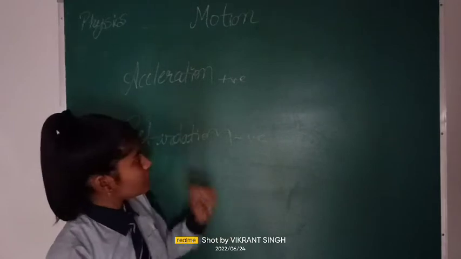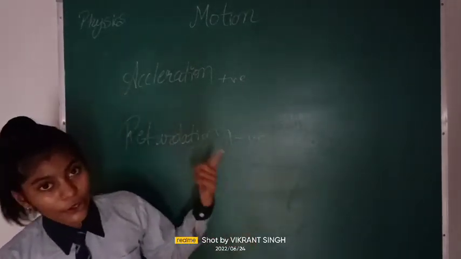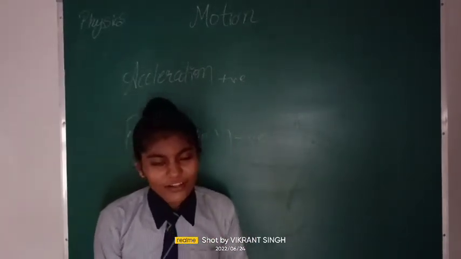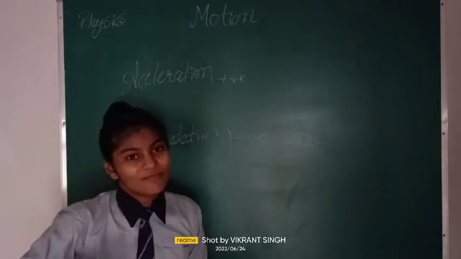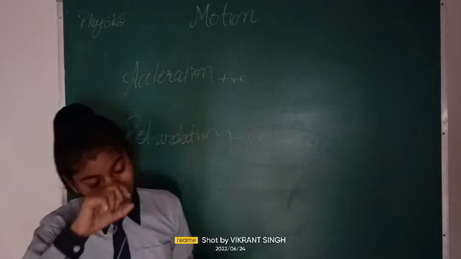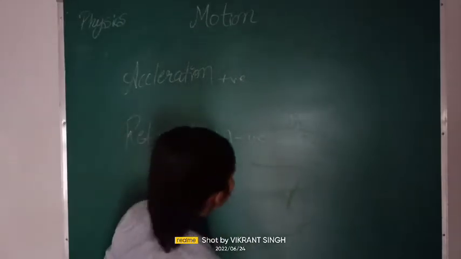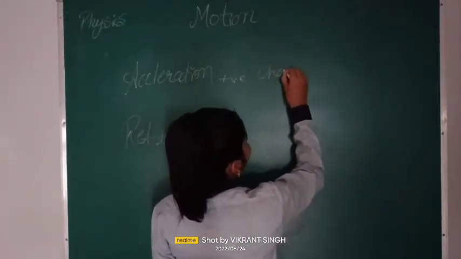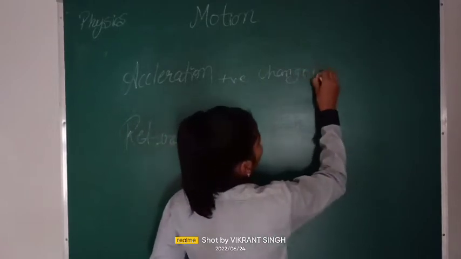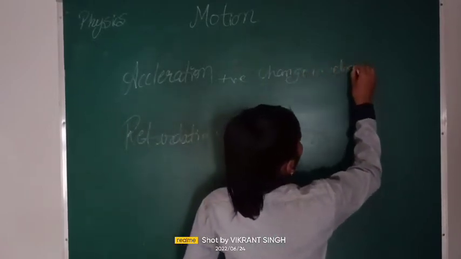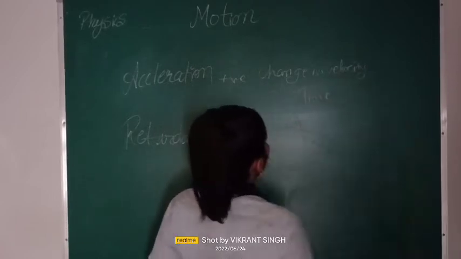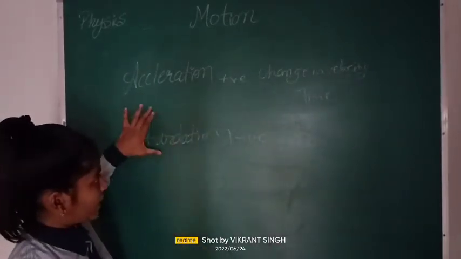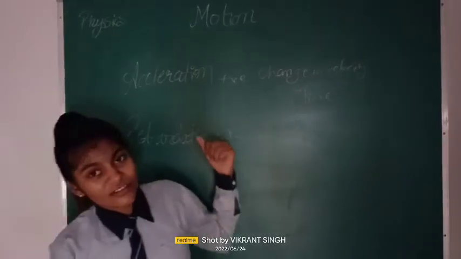So acceleration is the rate of change of velocity. What is the rate of change of velocity? Change in velocity in a particular time, that is, change in velocity upon time, is what acceleration is. We will write change in velocity upon time. That's what acceleration is, and retardation is just its opposite.